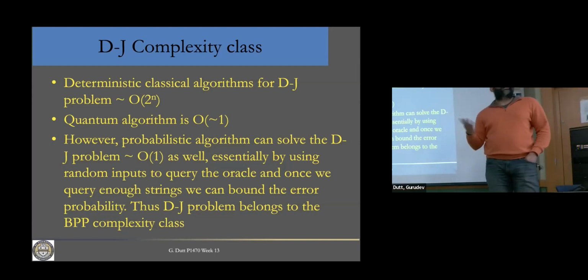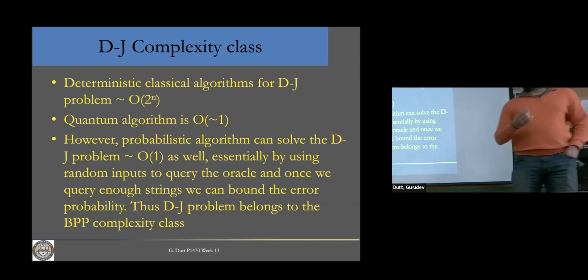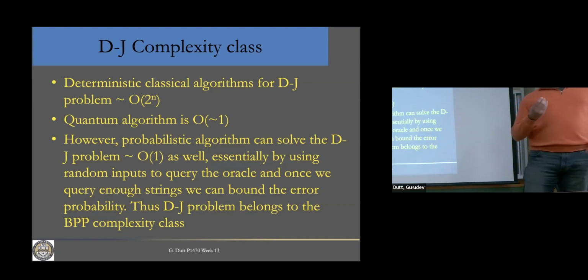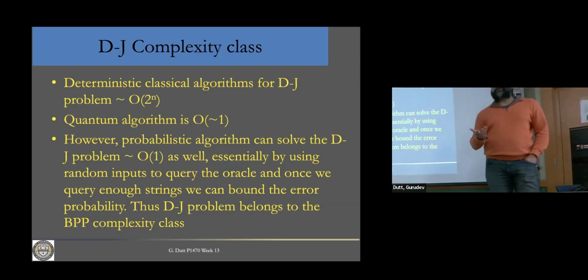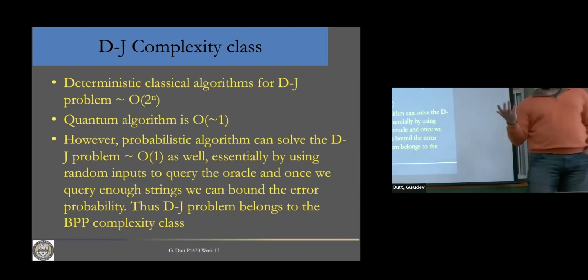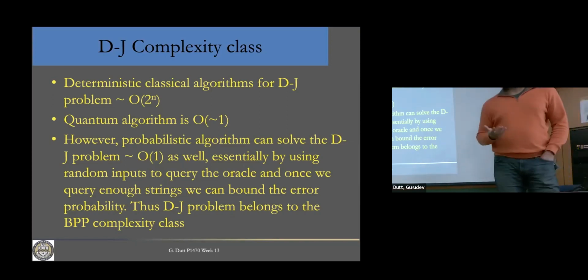For example, if you query it 8 times, you can already reduce the probability of an error down to 10% or 5%, whatever you want. The error depends on the number of queries, but that is not a function of n. So it's also complexity 1, because it's just a constant number of queries, no matter how big the input size is.